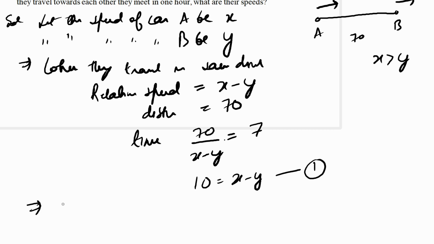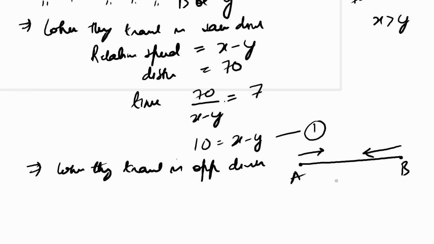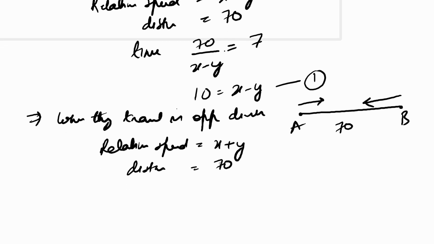Now when they travel in opposite directions, this is A, this is B, this came over here and this came over here. So the distance is again 70. So the relative speed is x plus y and the distance is 70. So what is the time?